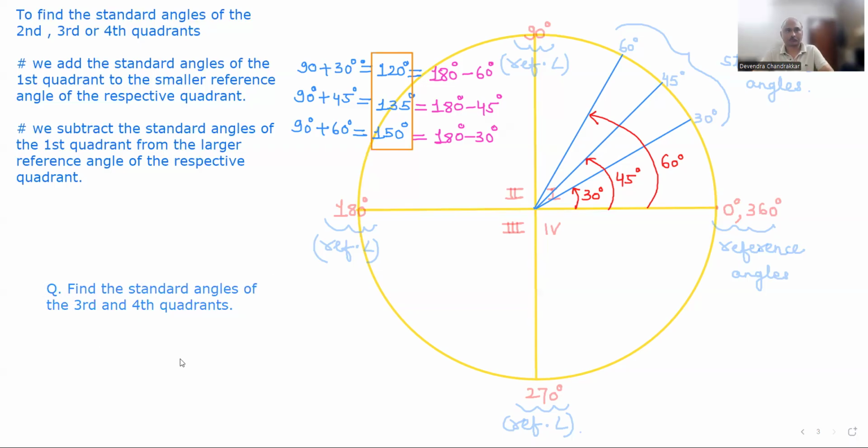Please do it. Very good, Sambhav. 210, 225, 240.